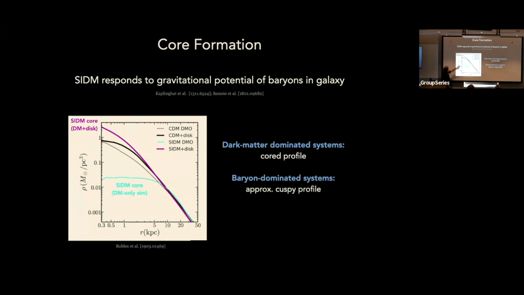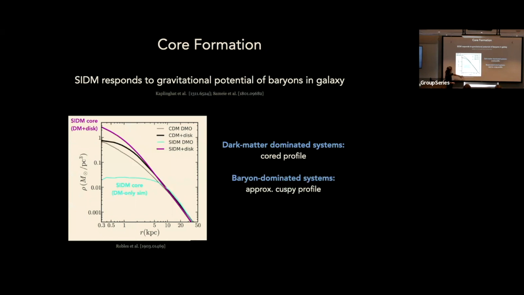Oh, well, the fact that it turns cuspy is because in this particular example, they've added enough baryons to the system that they've deepened the gravitational potential well to such a degree that it can no longer core. The dark matter no longer can move out. It's stuck in the center. The degree to which that happens is going to be sensitive to just how massive the disk is that you add.